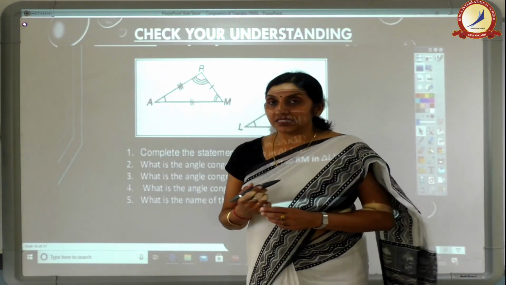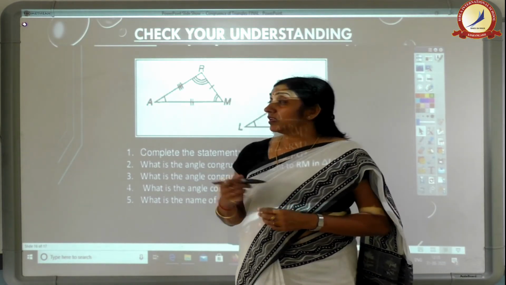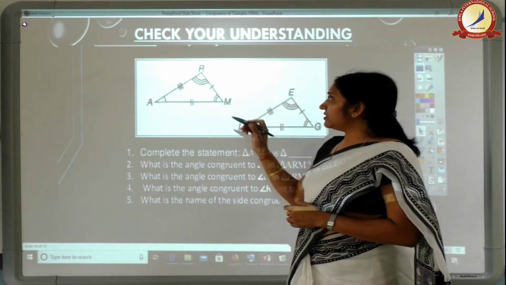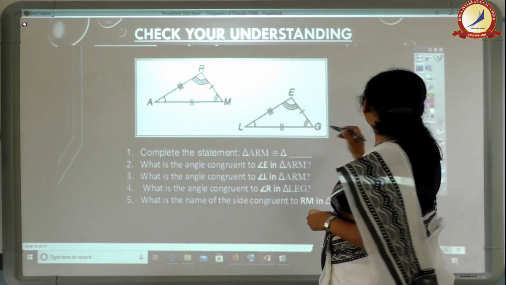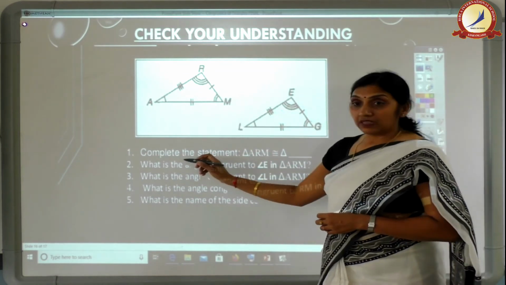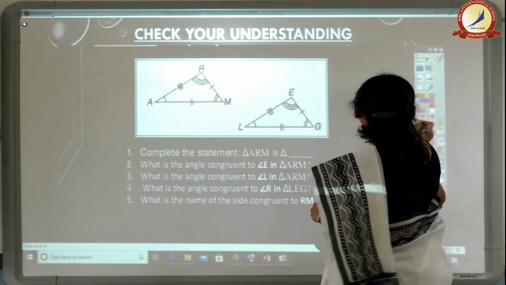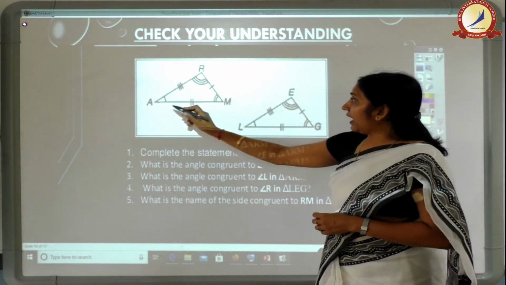Before we end this lesson, let us quickly check our understanding. Here are 2 triangles given, triangle ARM and triangle LEG. If you observe the figure, try to answer the questions. Complete the statement: triangle ARM.